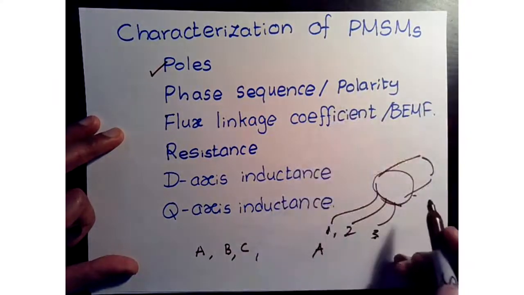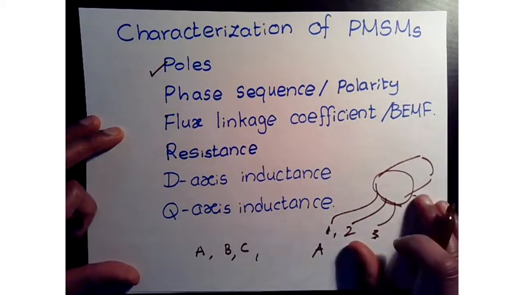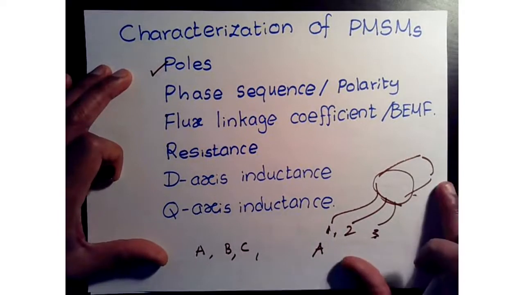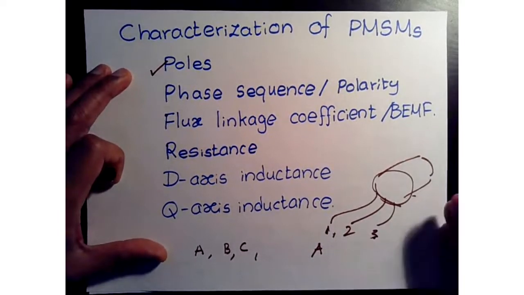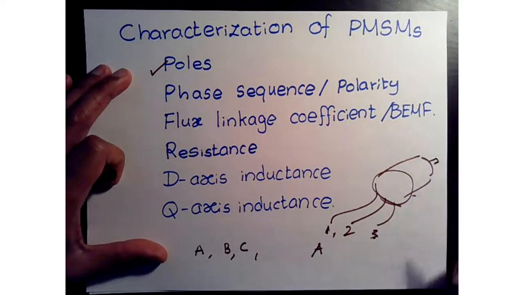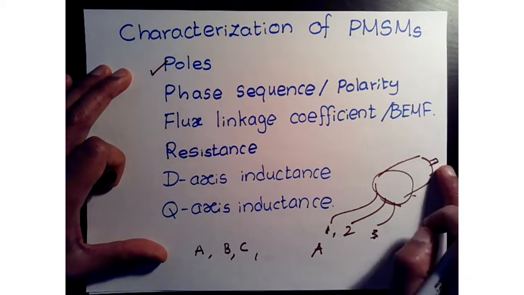Okay, so that is important, and this is something that you have to identify for that specific type or class of motors that you're going to use, and you have to stick to it. Otherwise, all the control functions you design may not function as expected or not function at all.